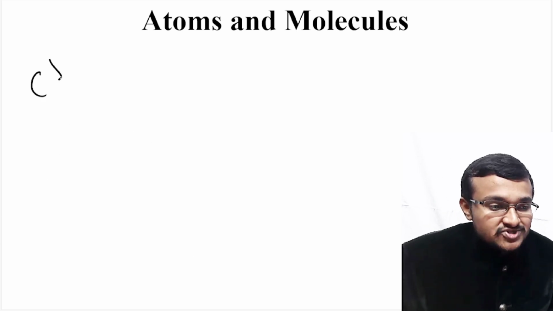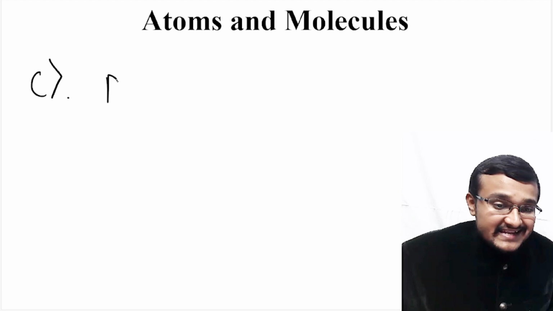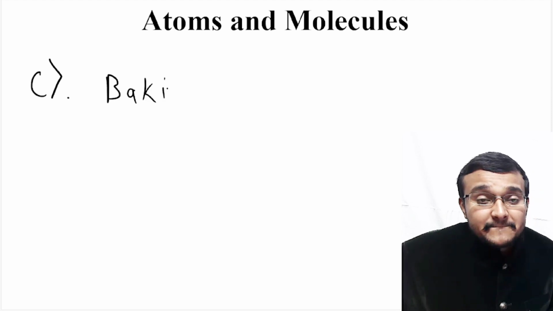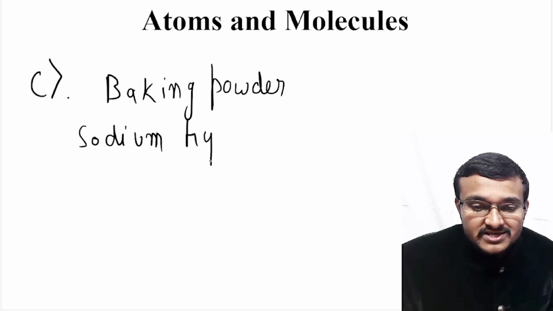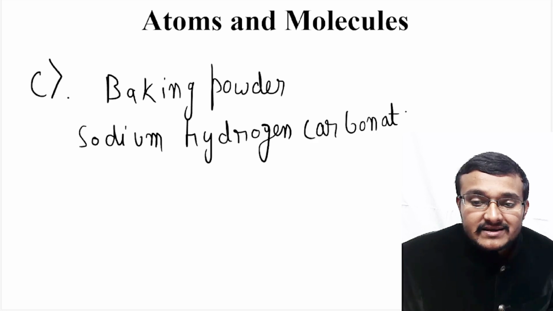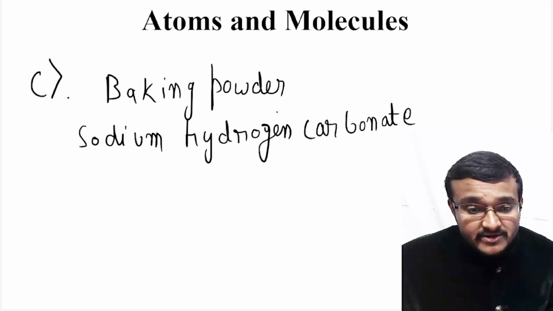Coming to the C question in this fifth question, they have given baking powder. So baking powder is also known as sodium hydrogen carbonate. That is the chemical name of this baking powder.